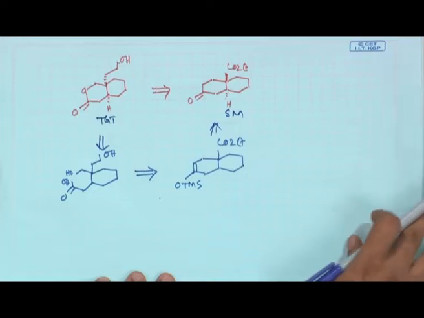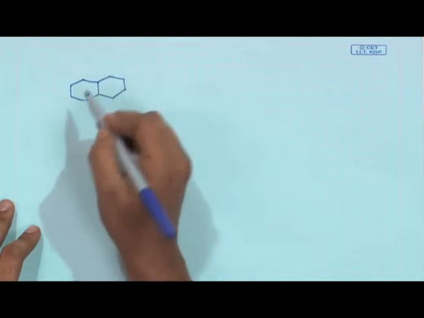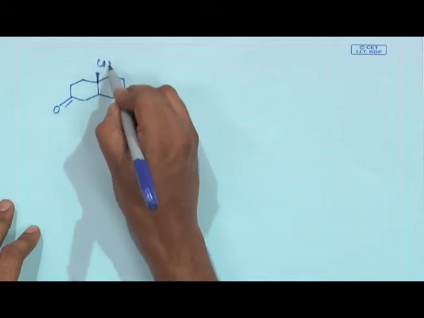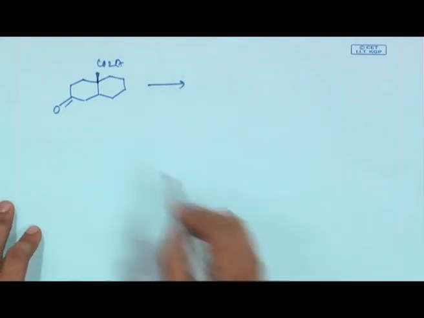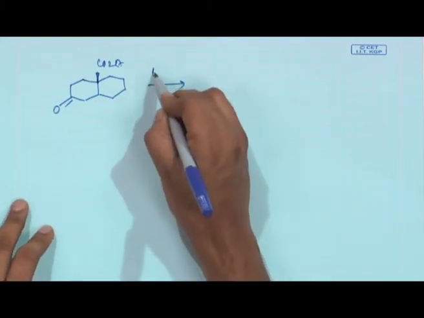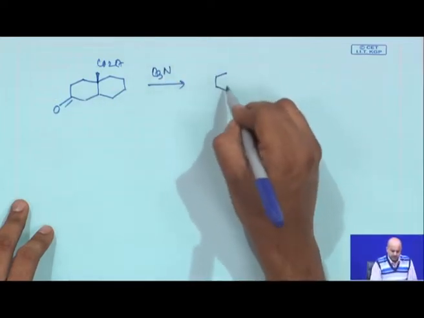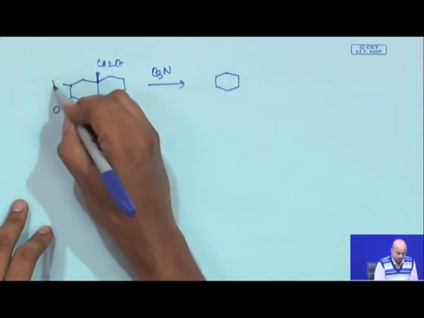Now, let us see how this forward pathway can be figured out. So, the starting material which was given to you is basically a bicyclic ketone. Initially, we treat it with triethylamine to generate the enolate. Now, there is one acidic hydrogen, this is one acidic hydrogen.